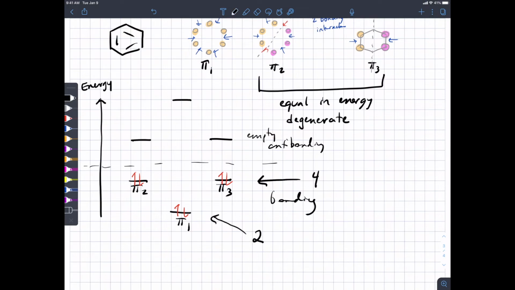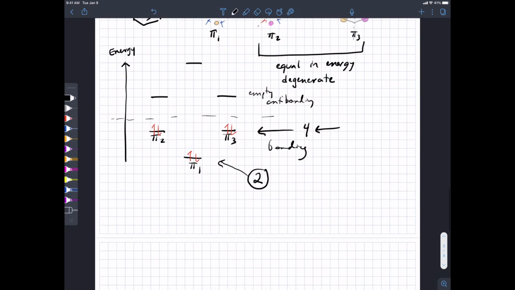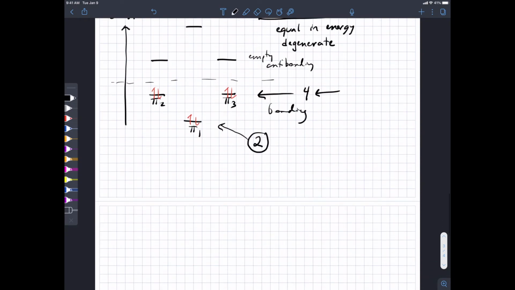There are 4 here. Okay, so this is where the 2 comes from in the 4n plus 2 rule, and this is where the 4n comes from. Because you can expand this out to other molecules. For example, dare I do this? Well, sure, why not? 10-membered ring?